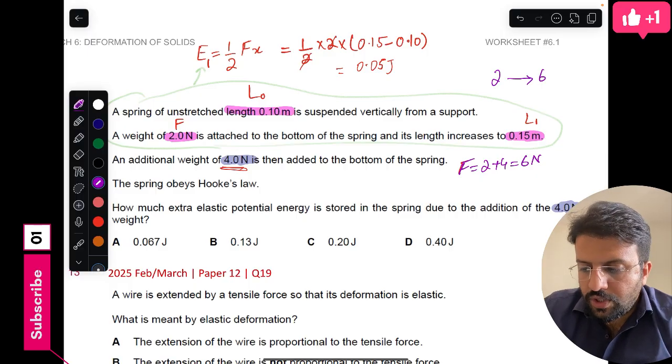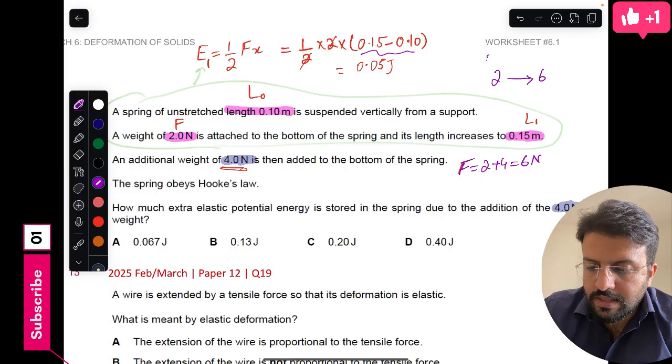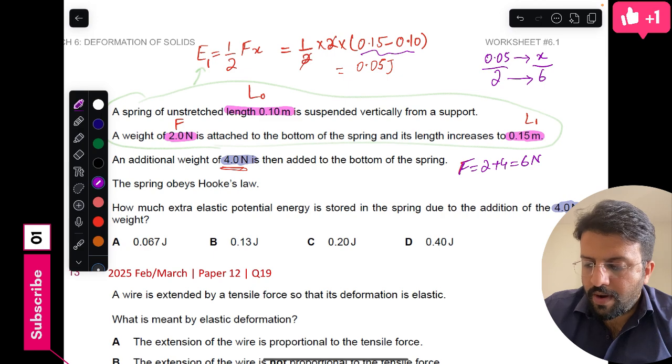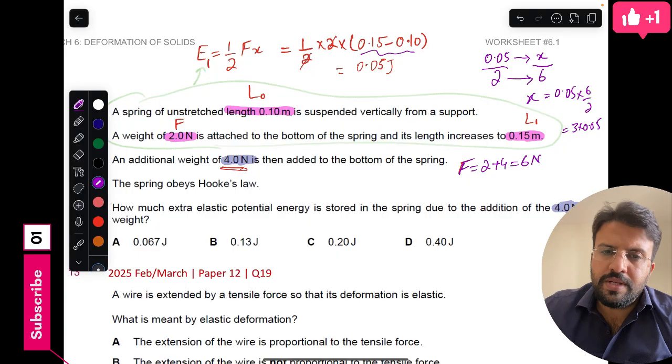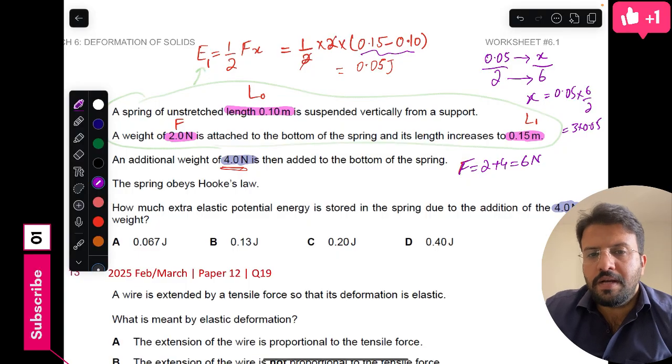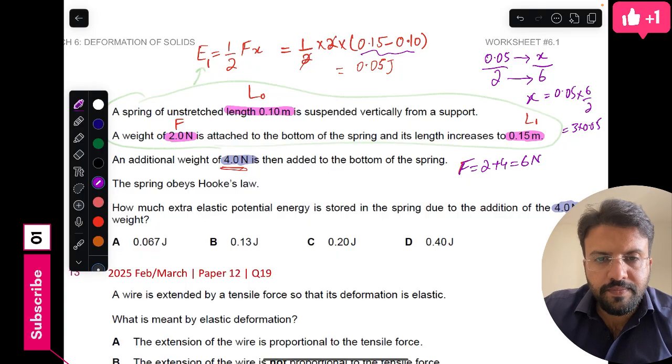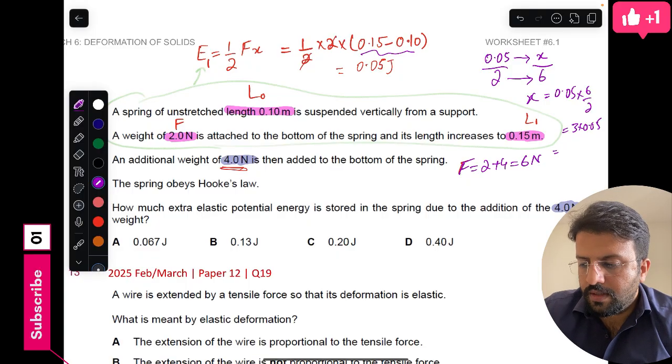Initially the extension was 0.05. You can find the new extension with the ratio method. So X will be 0.05 into 6 divided by 2, which is 3 times 0.05. As the force is increased 3 times, the extension will also be increased 3 times. So 3 into 0.05 is 0.15, if I'm not wrong.